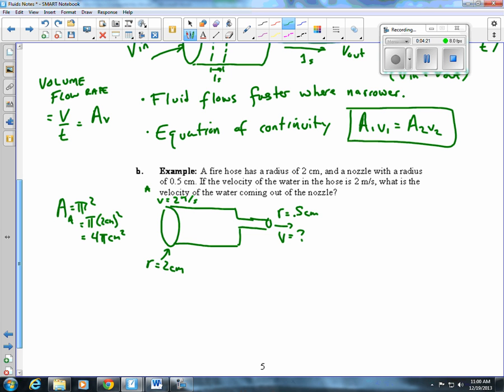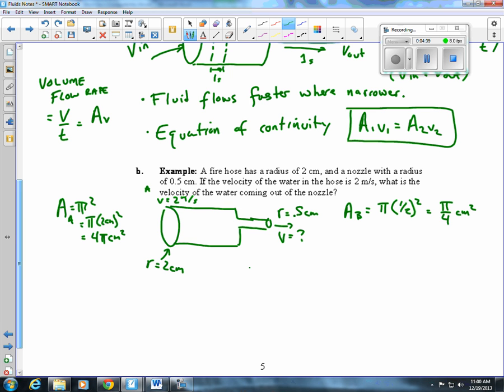And the area at this end, the area at B, is going to equal pi times the radius of 1/2 squared, so that gives me pi over 4 centimeters squared.